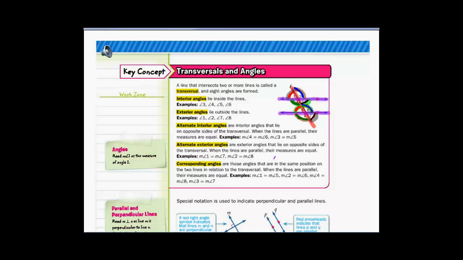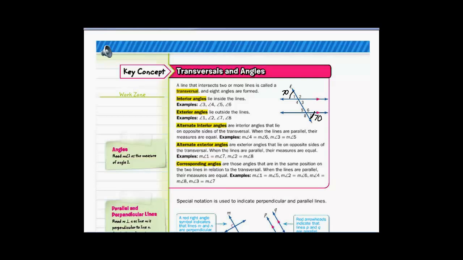Now, the reason why we talked about this is because alternate interior, alternate exterior, and corresponding angles are equal in measure. All right? So if I told you that angle 1 was 70 degrees, because all alternate exterior pairs are equal, that would mean that 7 is also 70.